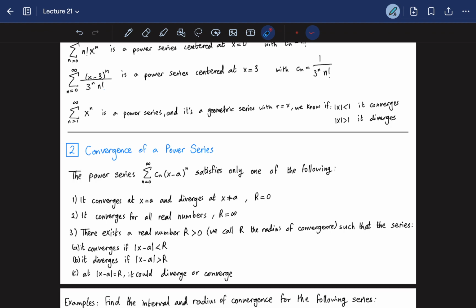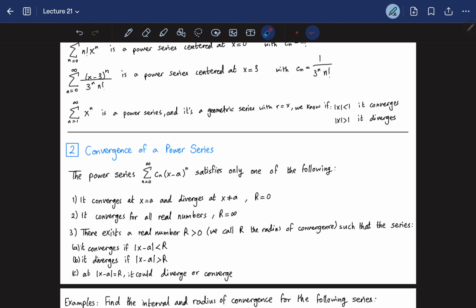It converges for anything that's less than r, it diverges for anything that's bigger than r, and at x equals r specifically, I don't know if it diverges or converges. I need to test that value specifically and determine whether my series converges at that point or not.